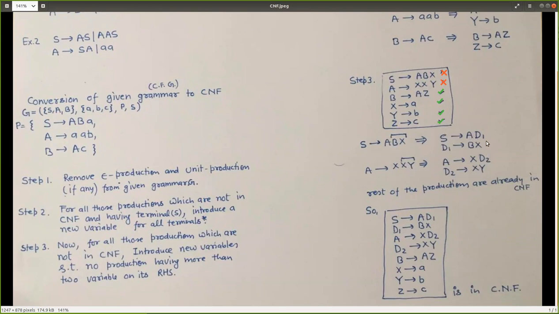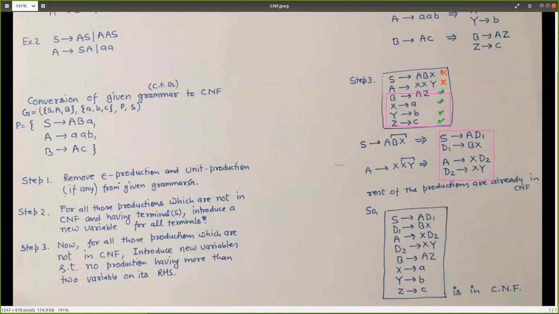So these two productions are converted into these four productions. So our final answer would be: instead of these two productions, we would write these four productions. So S produces A D1, D1 produces B X, and these four productions, along with these four productions, would be our answer.